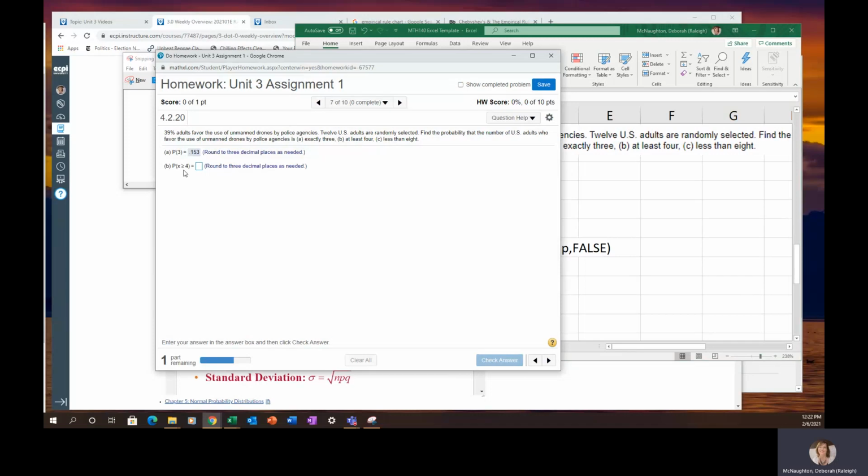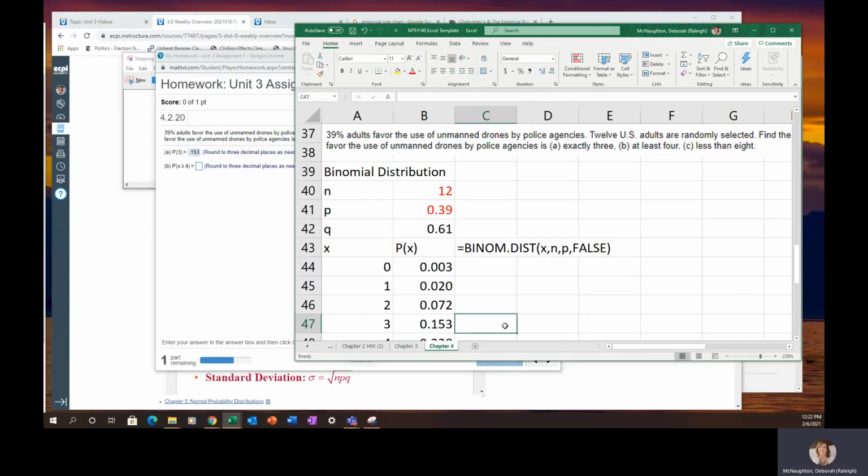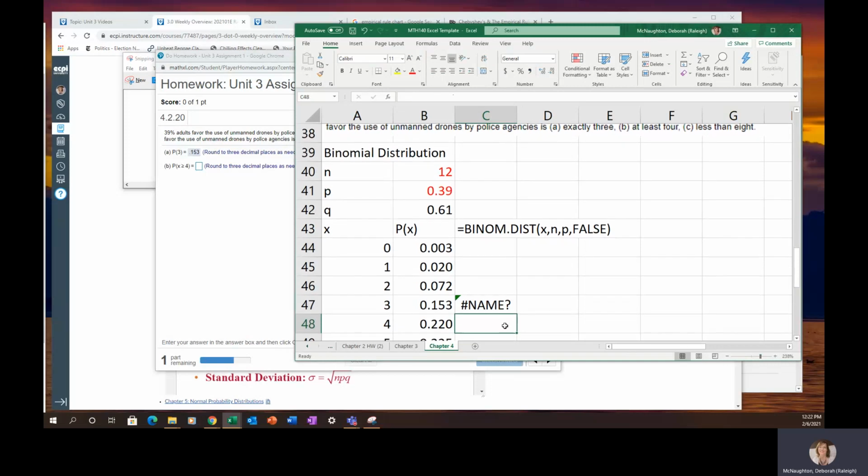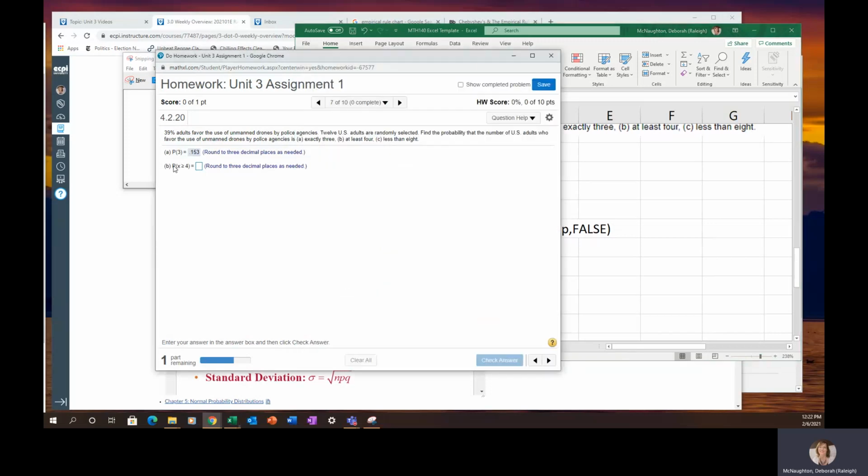Okay, and now they want the probability x is greater than or equal to 4.